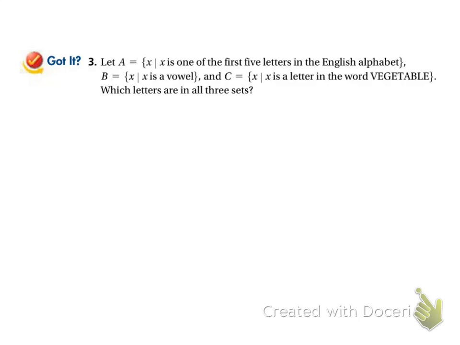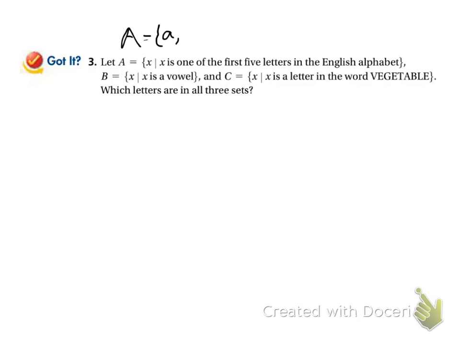So let's try that with some sets here. These are all in set builder notation, so I'm going to write them in roster form. A is equal to the set of X, such that X is one of the first 5 letters in the English alphabet.